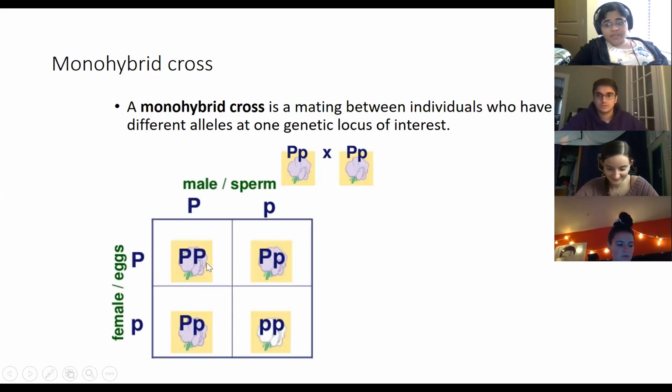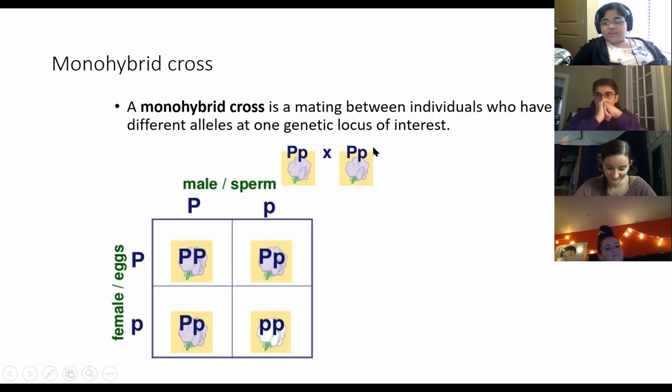You get one homozygous dominant, two heterozygous, and then homozygous recessive. This is the combination that comes out of two heterozygous.